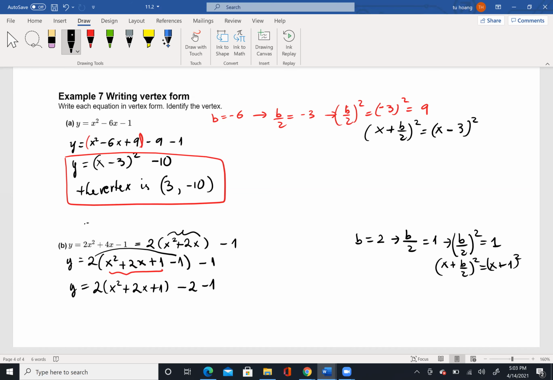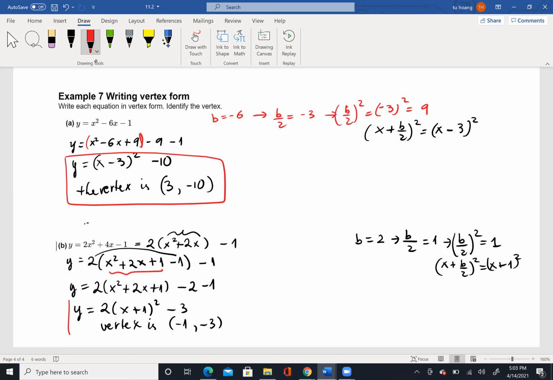See that? And then now you can convert it to become y equals 2 times (x + 1)² minus 3, after completing the square, the vertex form. And the vertex is (-1, -3).